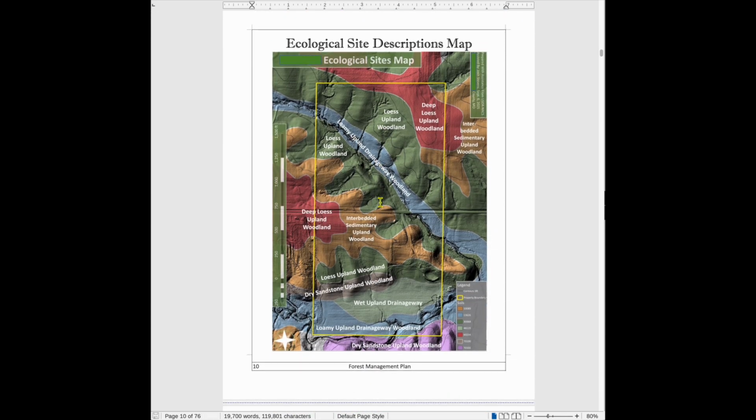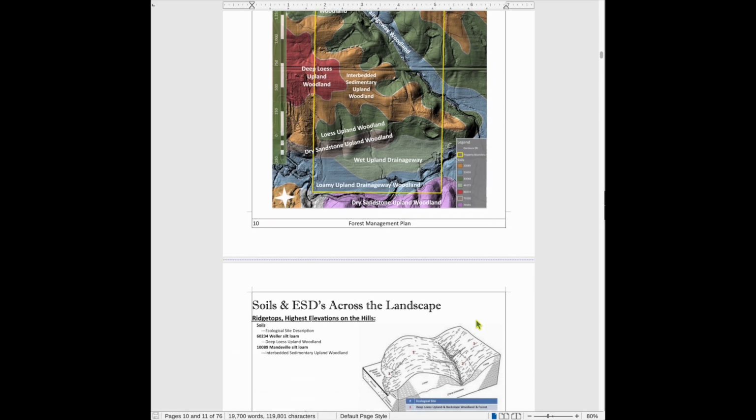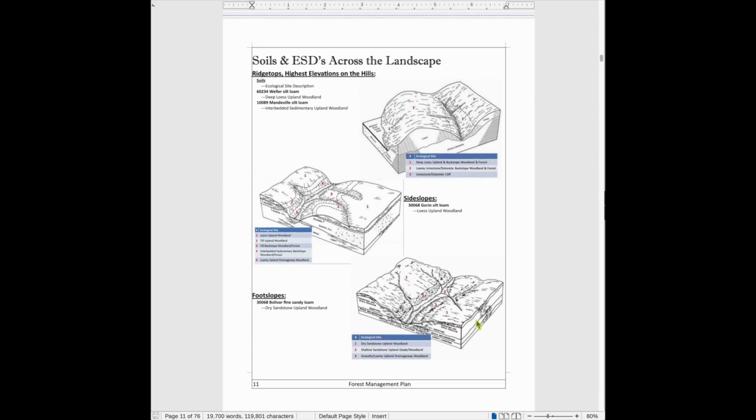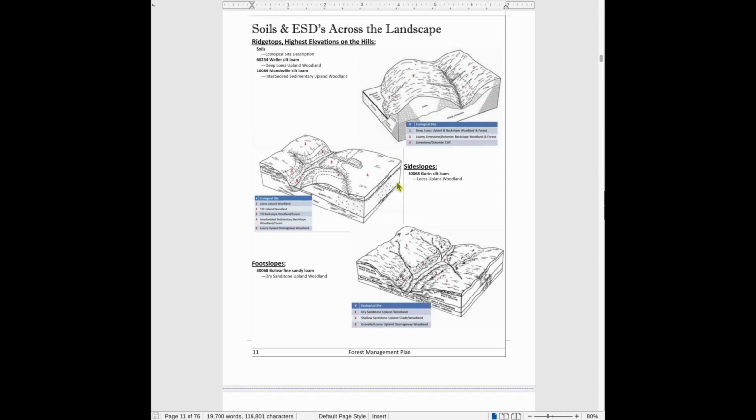Okay, here's the ecological site descriptions, and this just shows how the different ecosystems lay across the landscape, and they're based on the soils. So this is looking just like the soils, but we have different labels. And then here are from the ecological site descriptions that the NRCS publishes.